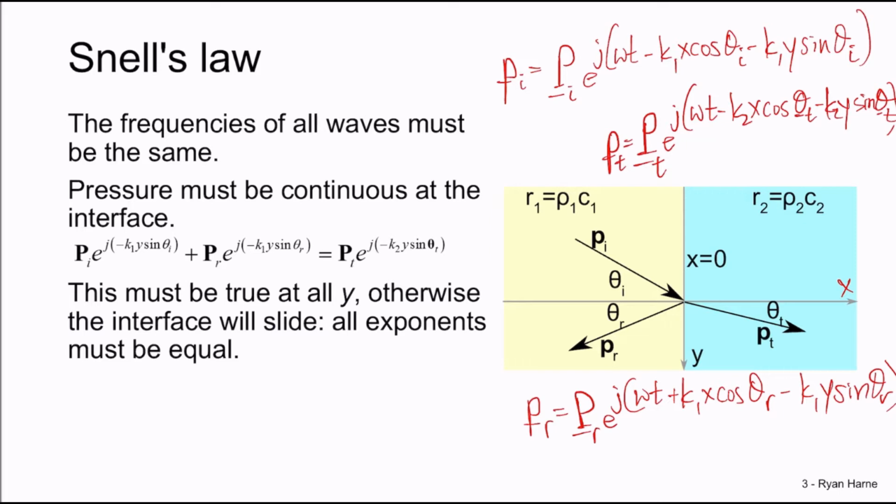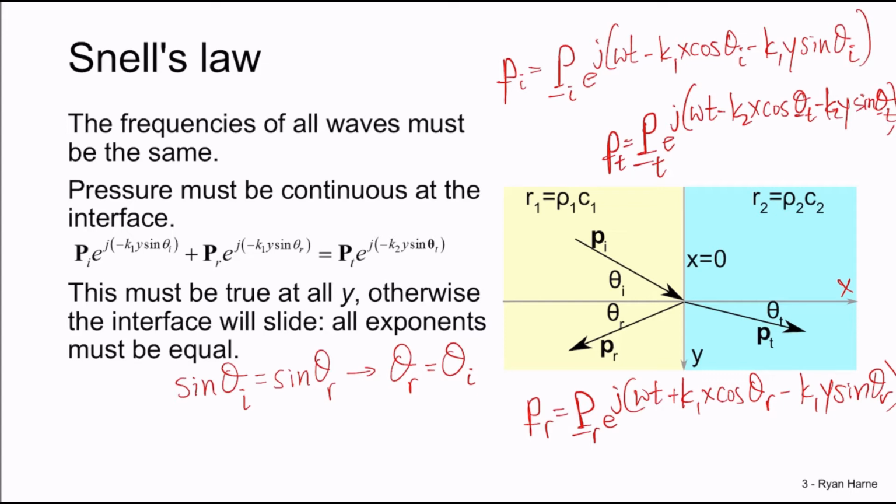We find two things when we apply this continuity. First, it means that sine theta I must be equal to sine theta r. In other words, the reflected angle needs to be equal to the incident angle. We intuitively already know this for light.